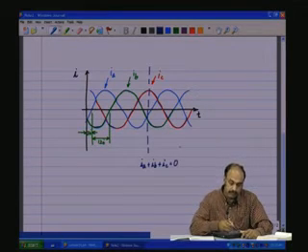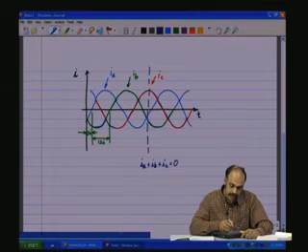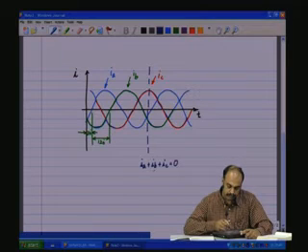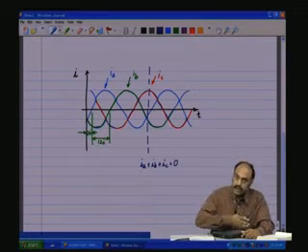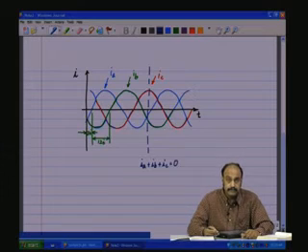So, IC is positive max, IA is negative half, IB is also negative half at this point, and therefore, you have 1 minus 0.5 minus 0.5, which is equal to 0, and so on throughout the range.